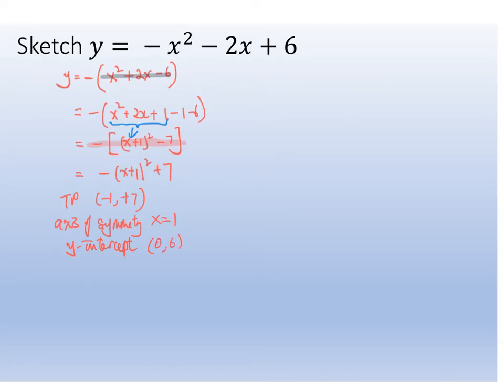You know that from the general form of the equation. So for the x-intercept, we need to know that y is actually 0.